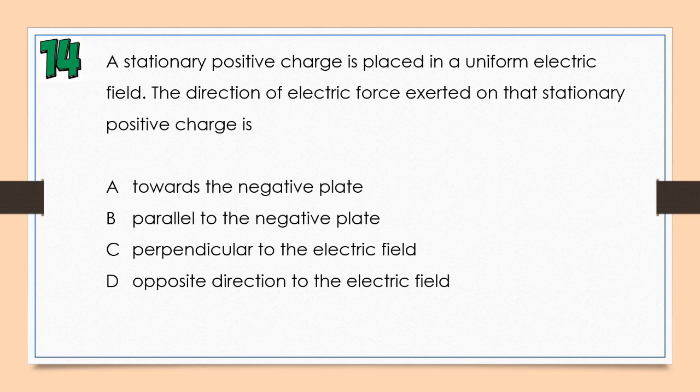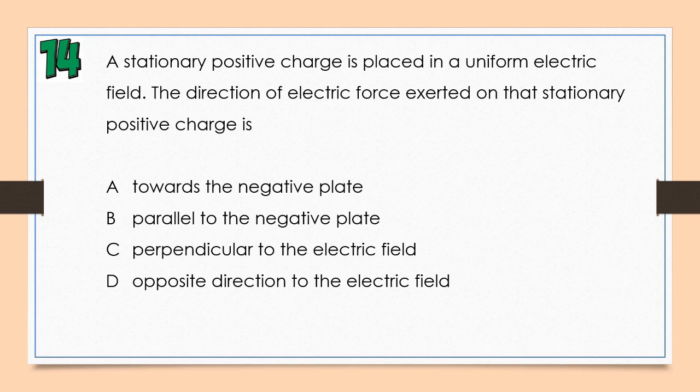For question number 14, a stationary positive charge is placed in a uniform electric field. The direction of the electric force exerted on that stationary positive charge is... Okay, if you look at this question, it is a positive charge in the uniform electric field. So when the charge is located in the uniform electric field, the charge will experience the electric force. And if it is a positive charge, of course, it will be attracted to the negative plate.